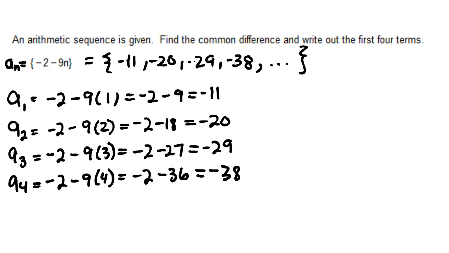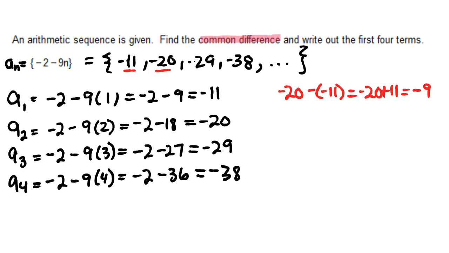Now the common difference is when we take consecutive terms and we look at the difference of those consecutive terms. So if I look at the difference of the first 2 terms, taking negative 20 minus negative 11, that's negative 20 plus 11, we get negative 9.